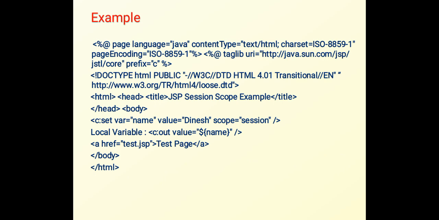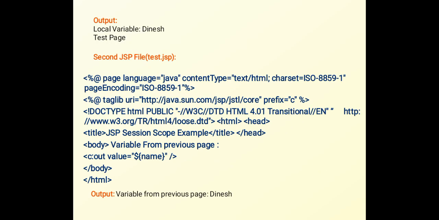we are creating the variable name where its value is Dinesh, but the scope is session. We are displaying the local variable with the help of this variable name, and on the same page we have created a link named test.jsp. The output of the first file will be local variable Dinesh and the tag test page.